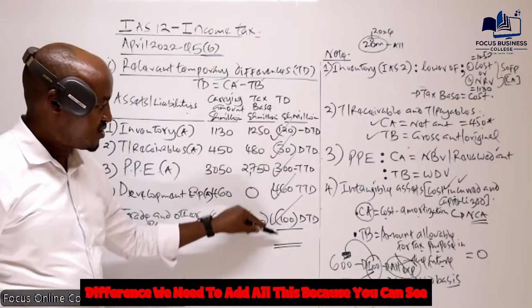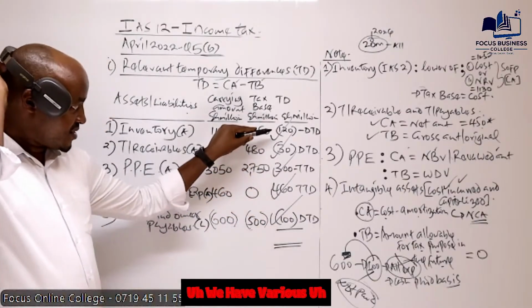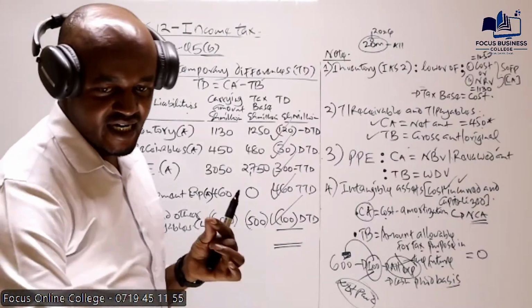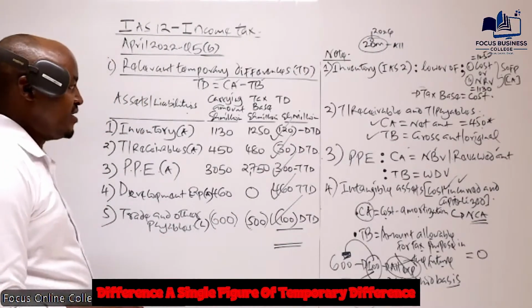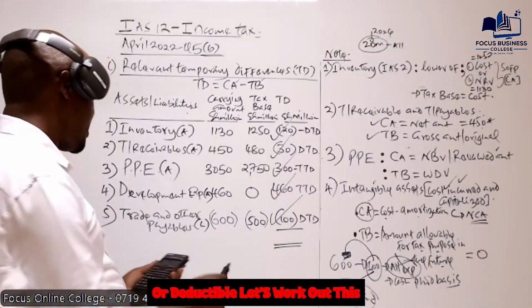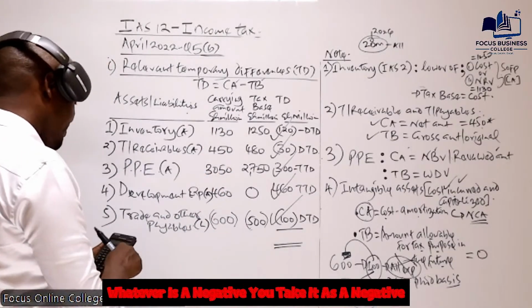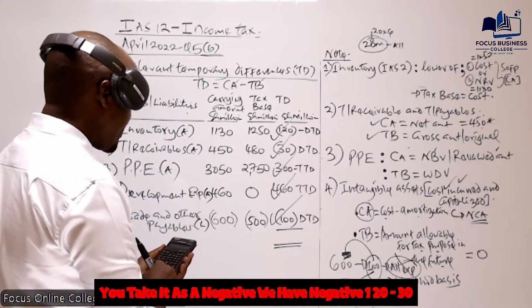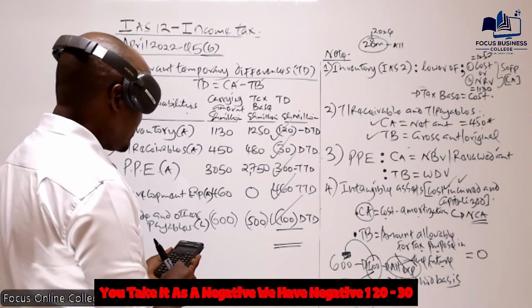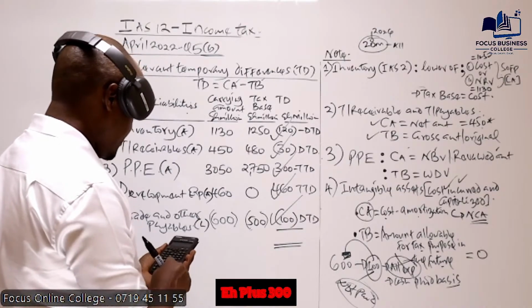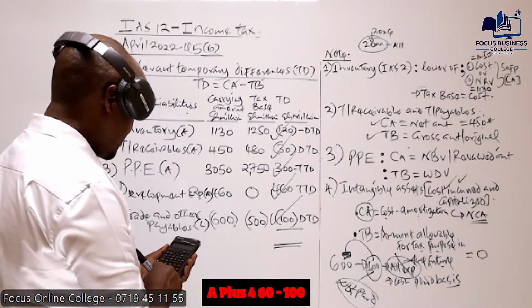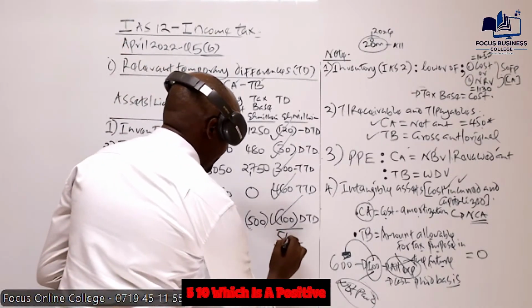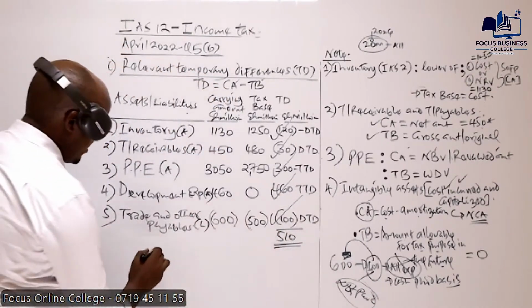We need to add all this because you can see we have various temporary differences. We need to get the net amount of temporary difference, a single figure, which will either be taxable or deductible. Let's work out this. Whatever is negative, you take it as negative. We have negative 120 minus 30 plus 300 plus 460 minus 100, and basically in this case, I'm getting 510, which is a positive.